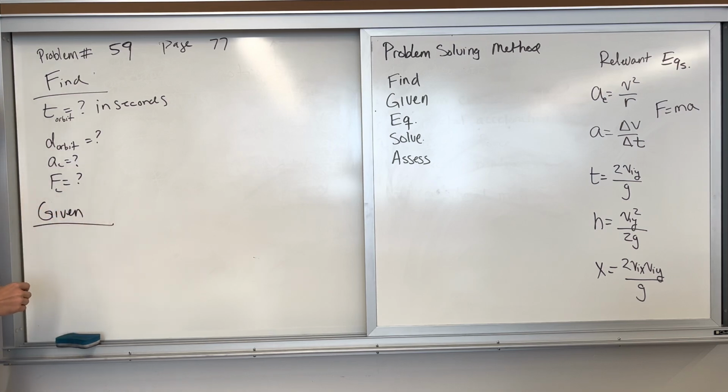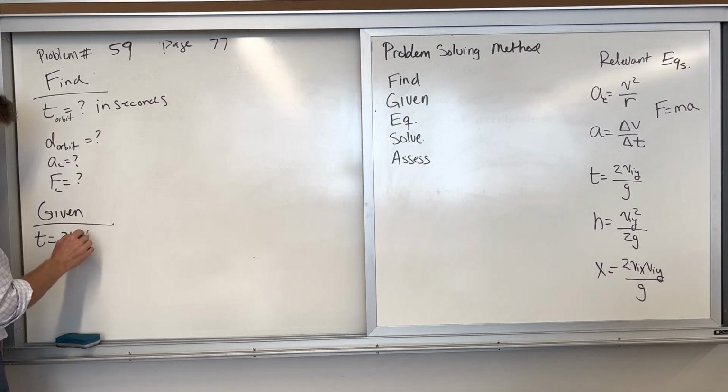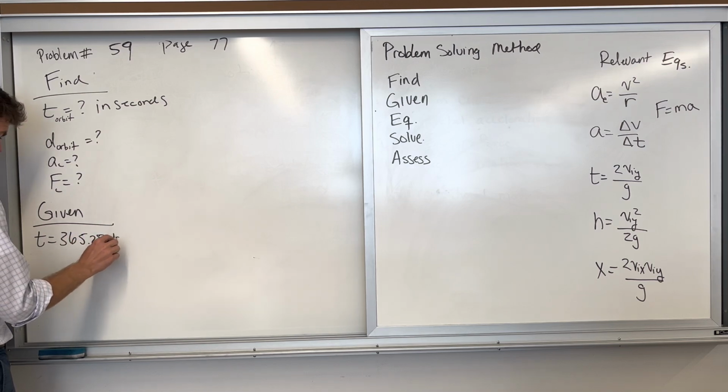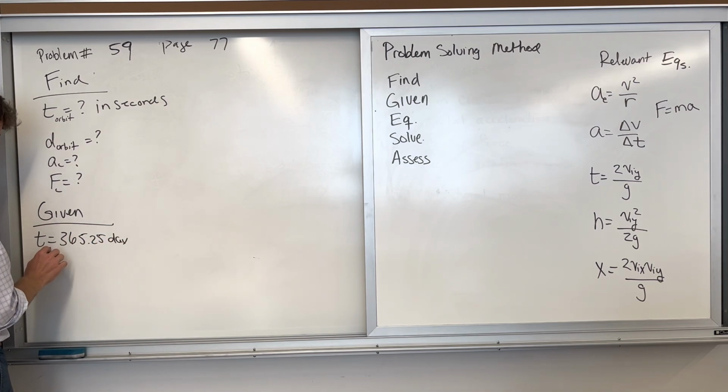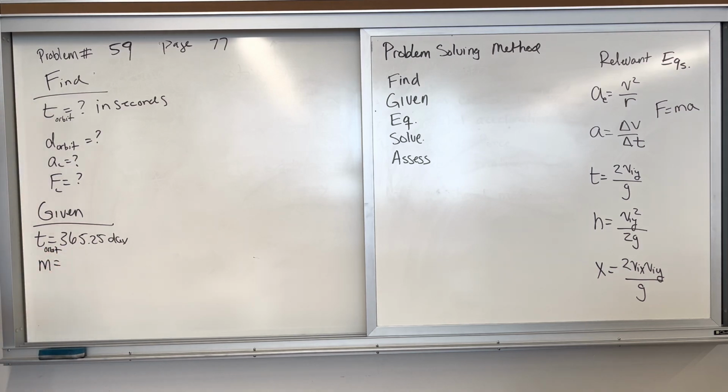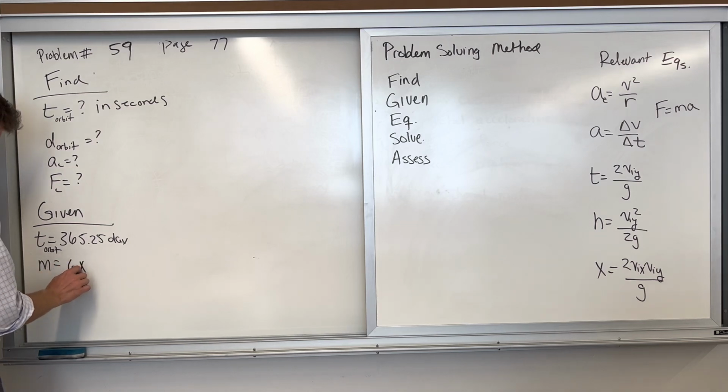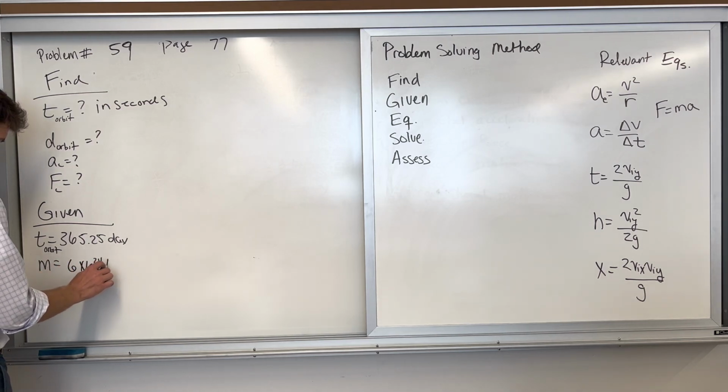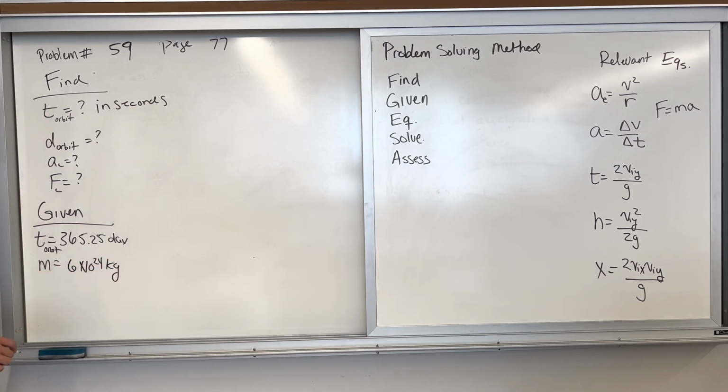Given is time equals 365.25 days. That's the time of one orbit. Mass of the Earth is 6 times 10 to the 24th kilograms.